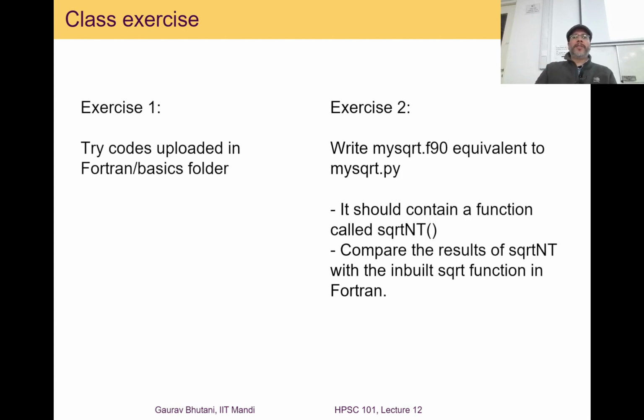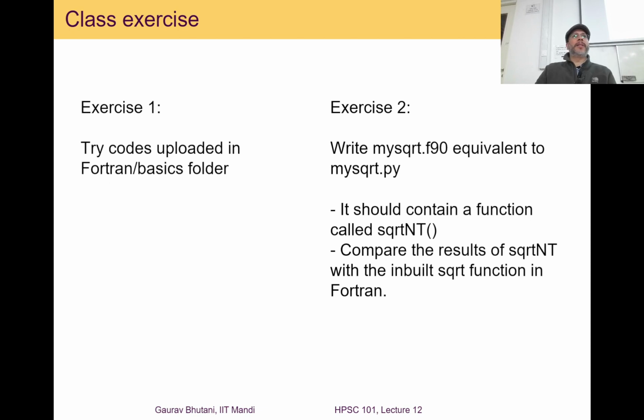So you have to convert this my square root .py that we had written in Python into Fortran. Now you have all the information you need to write this kind of Fortran code. You should have a sqrt function that we had developed using Newton's method in Fortran.